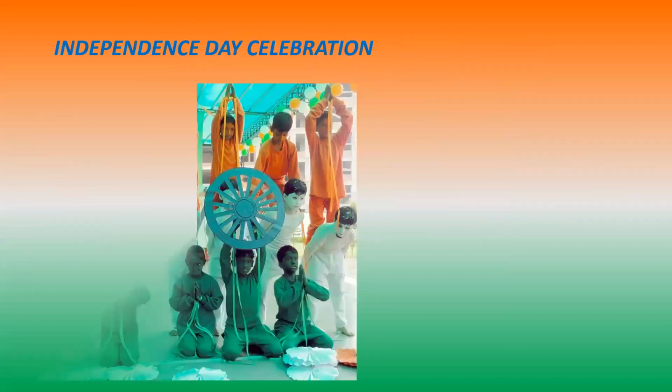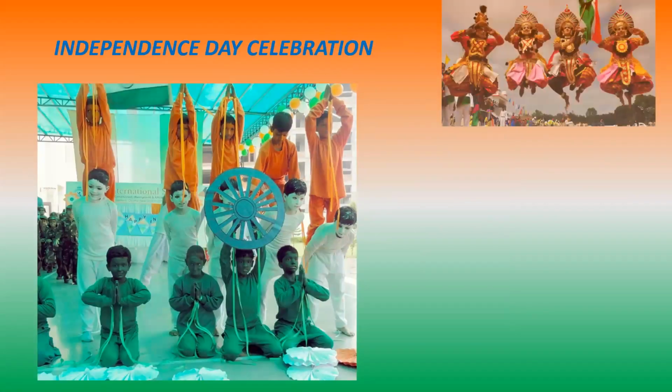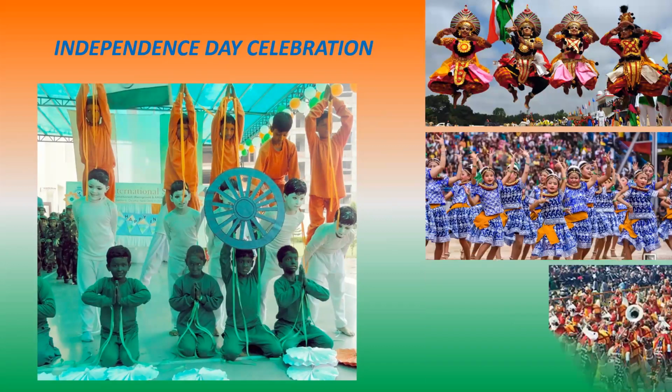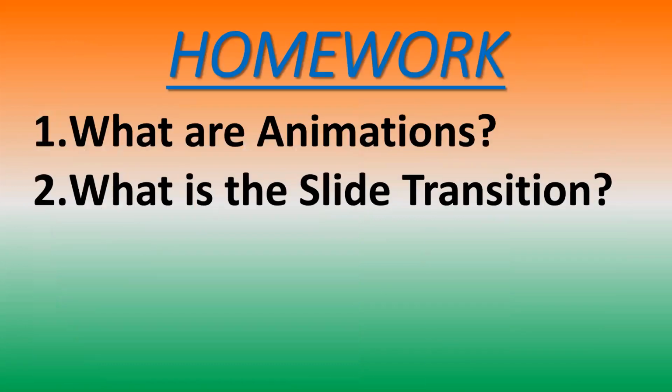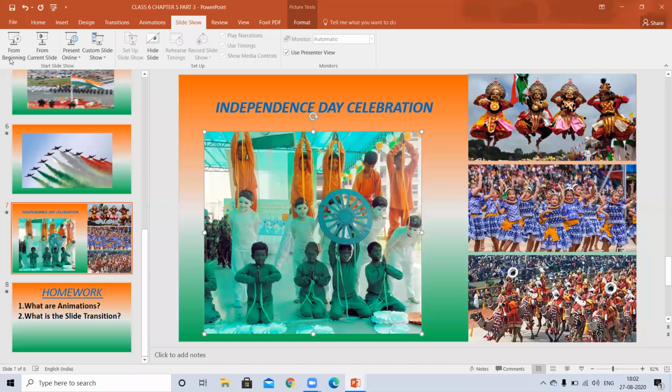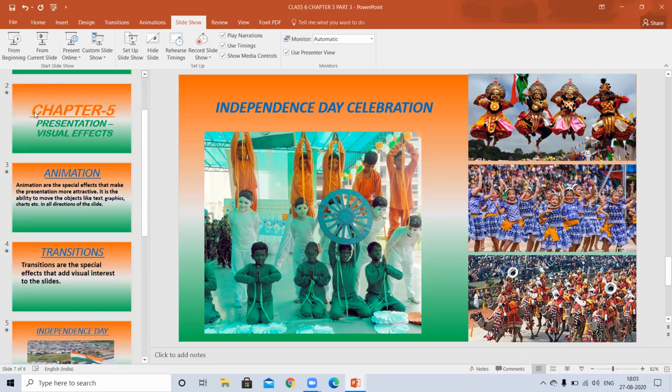This is the animation effect. You can see after 2 seconds, automatically it will come. So you can see how we can give the transition effect and how I give the animation effect. Transition effect, these all were the animation effect.